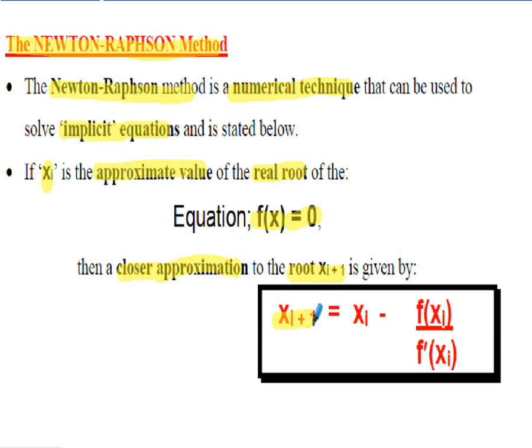Xi plus 1 is equal to xi, the initial approximation of the root, minus f of xi divided by f dash of xi, and that's the first derivative of f at xi in functional notation.